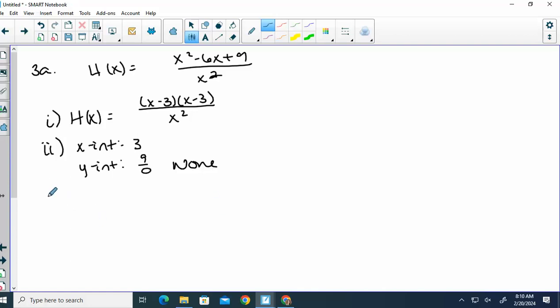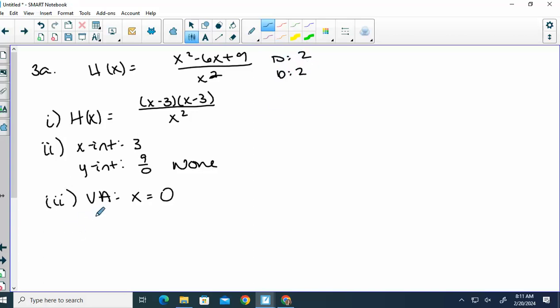Then, next thing, I asked for asymptotes. Vertical asymptote, x equals, what makes the bottom 0? 0. Horizontal or oblique, what is the degree of the top? 2. And the bottom? 2.